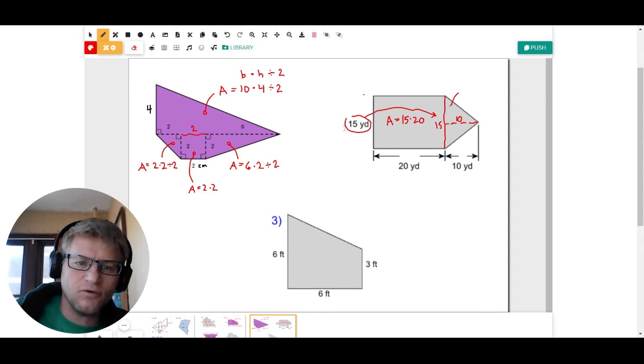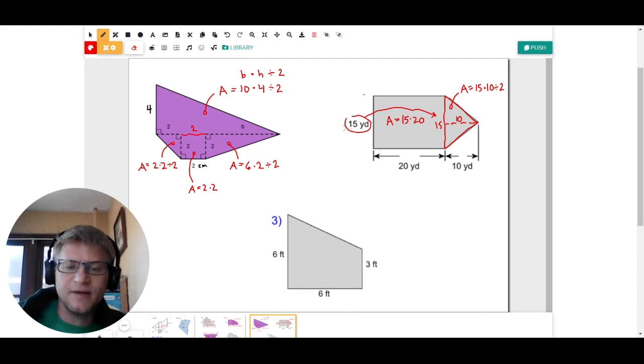So the area of the whole triangle is going to be area equals 15 base times 10 divided by 2. And I know that's 150 divided by 2 is 75. So the area is 75. The area over here we already said is 300. You put them together, right? So that's how this one works. That one's pretty simple. I don't think that's that hard.